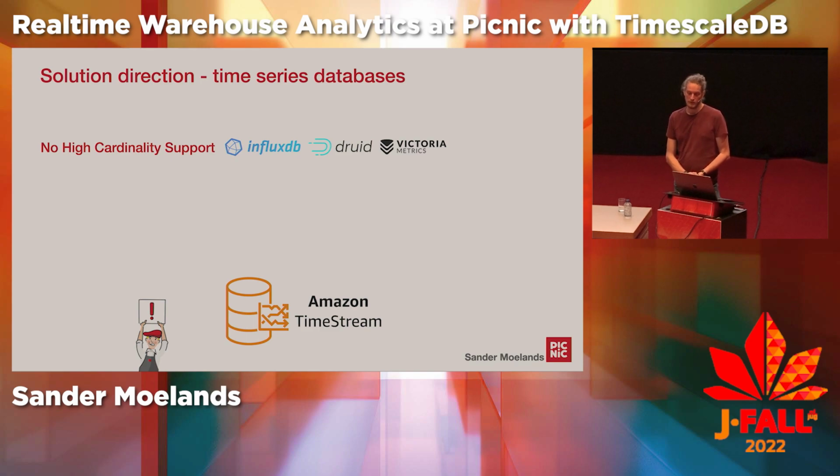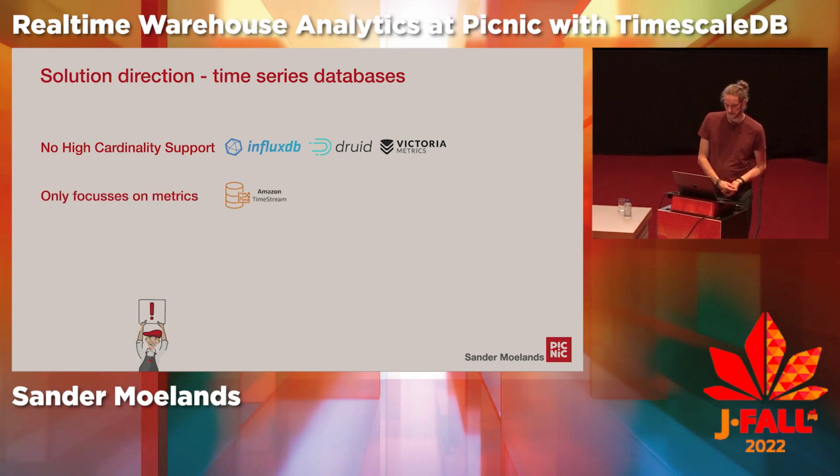That should work pretty well. It seems to work not so well for, for example, one service which wants to push in a lot of data. But also when looking into it, it's a bit too much focused on metrics again. So maybe it should actually have been part of the previous slide. But we took this into account for our time series database research. So also that was not a good fit for us.